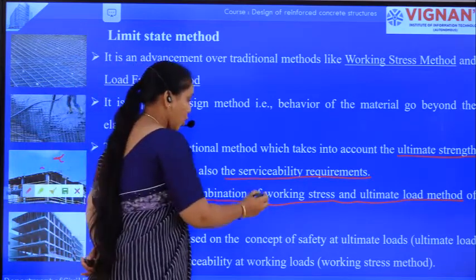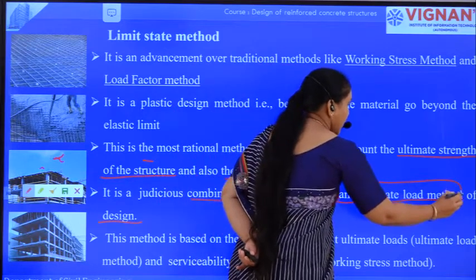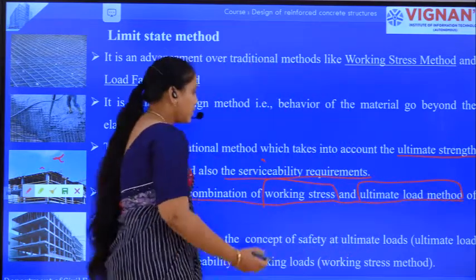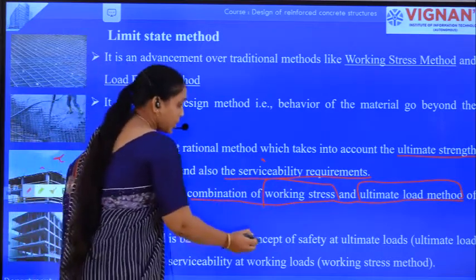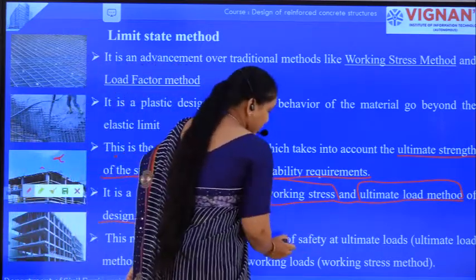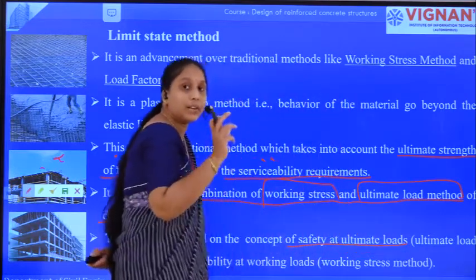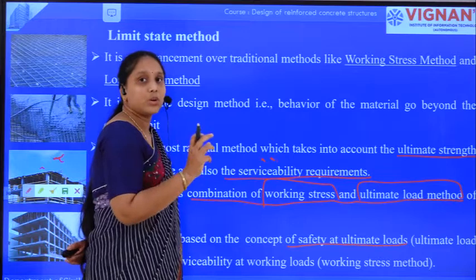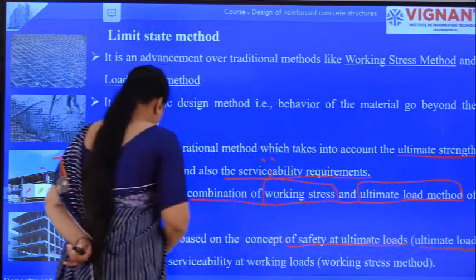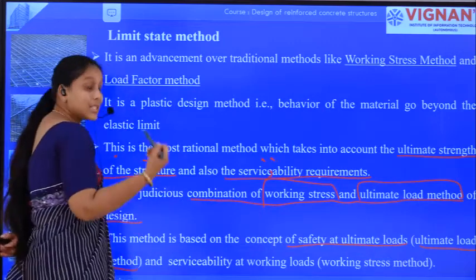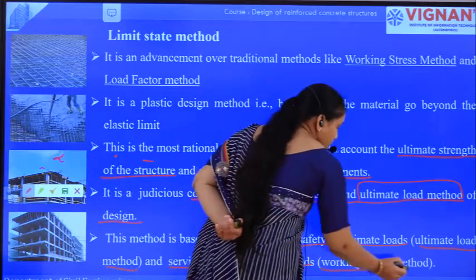Here we have the concept of safety at the ultimate loads, that is the ultimate load method, as well as the serviceability at the working loads, that is the working stress method.